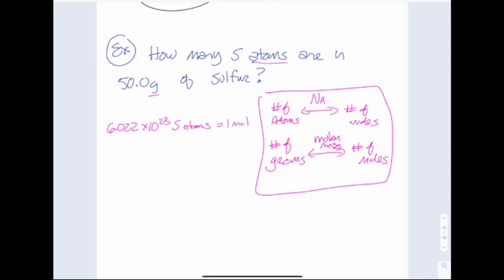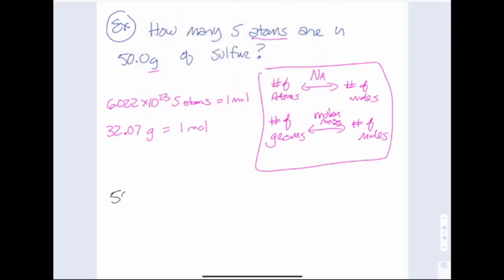We do need the molar mass, so I'm just going to the atomic mass on the periodic table for sulfur. 32.07. Again, if you want to carry out more digits, by all means, but carry out at least 2 after the decimal point. Don't round it smaller than that. So that's everything we need.